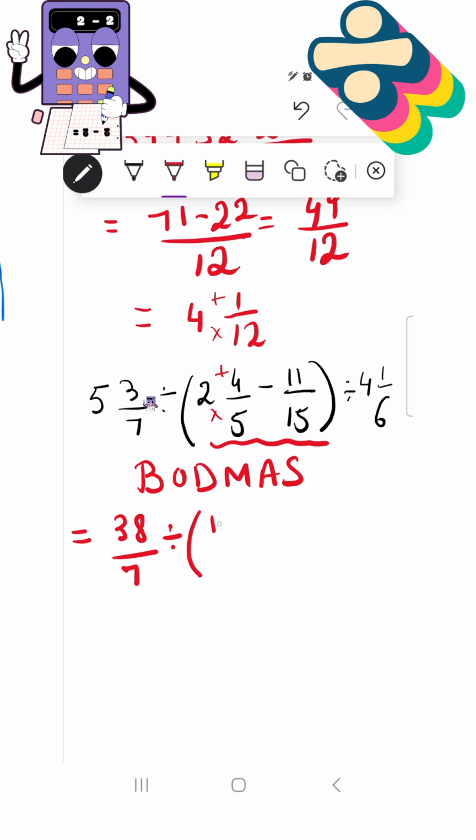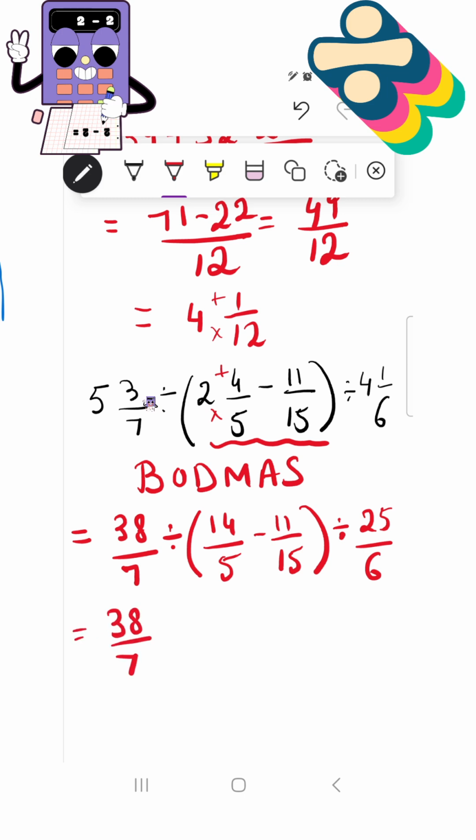It will be 10 plus 4, 14 over 5 minus 11 by 15 will remain the same, and divided by, change it into improper, so it will be 25 by 6.